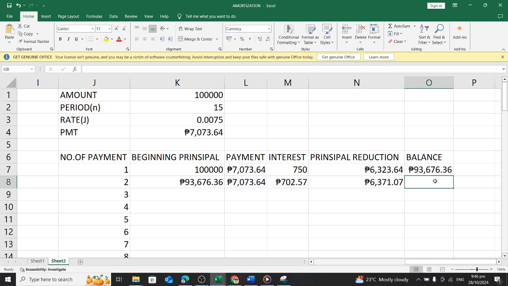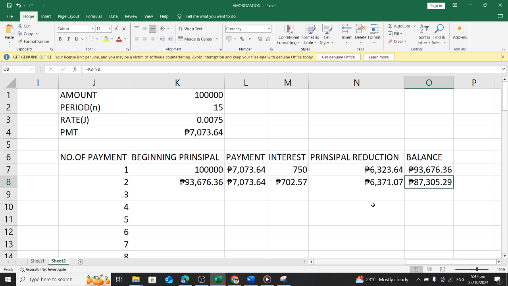So that is our principal reduction. To get our balance, press beginning principal minus our principal reduction. Press enter. So after the second period, what is left of your debt is 87,305.29 pesos.